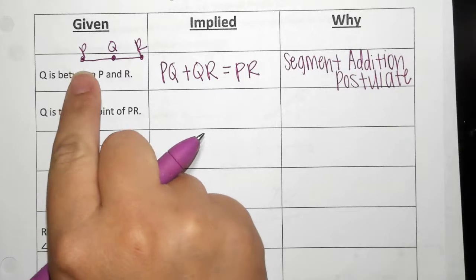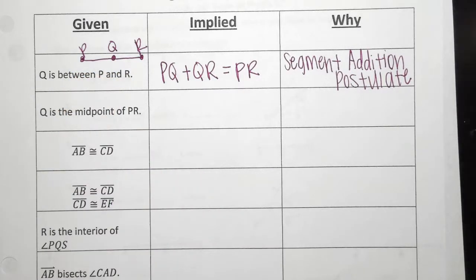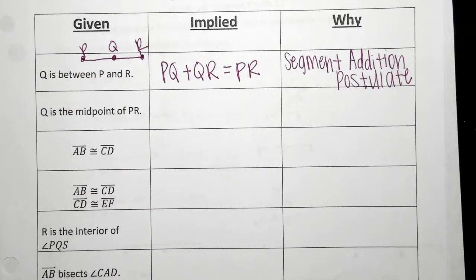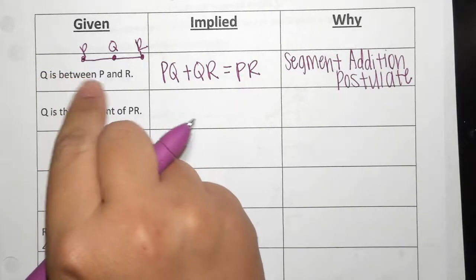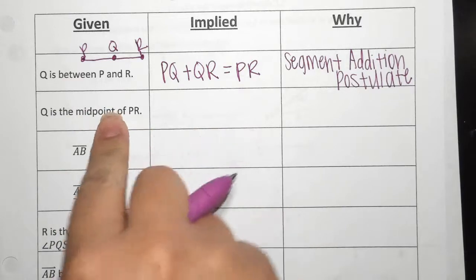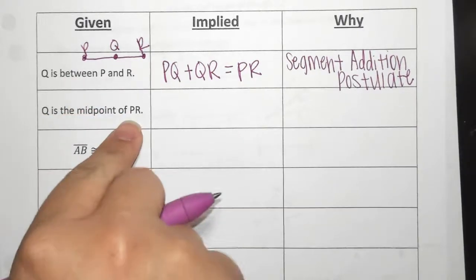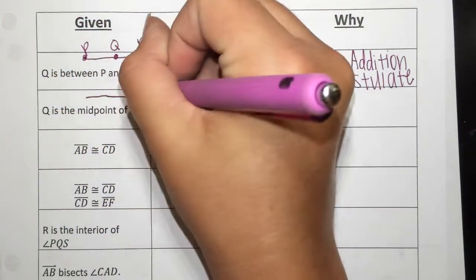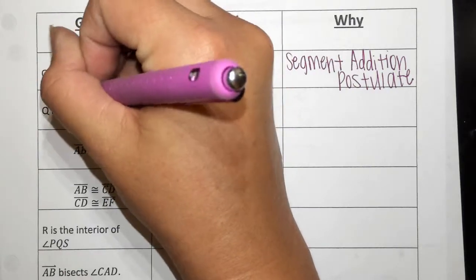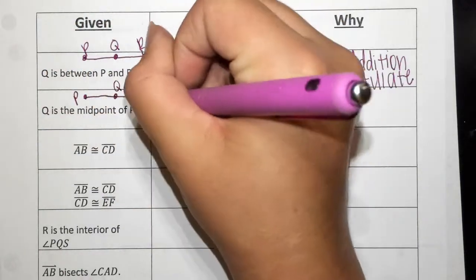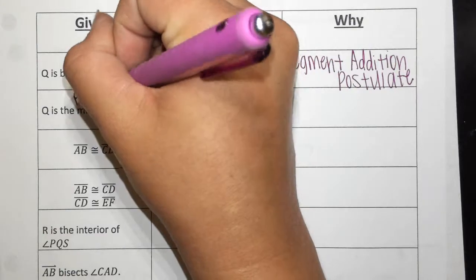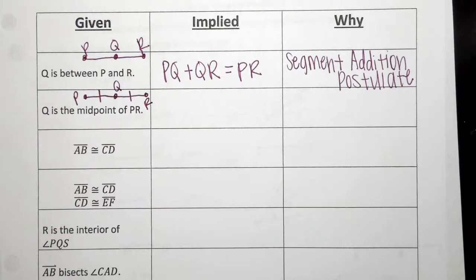A piece of the segment plus the other piece of the segment equals the whole segment. That is whenever Q is between. Now, if Q is the midpoint, that means if we have this line, P's over here, Q is in the middle, that means that these pieces are congruent. So draw that line.